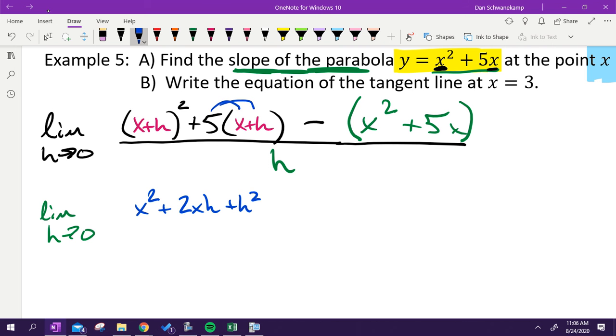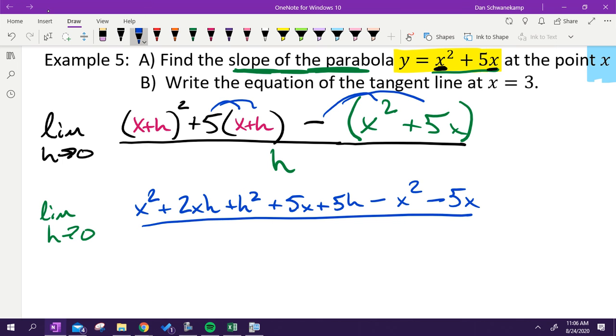We're going to distribute the 5, so plus 5x plus 5h. Then I need to distribute the negative, so it's going to be minus x squared minus 5x, all over h. That's my initial setup. Andrew, what can I simplify from here?